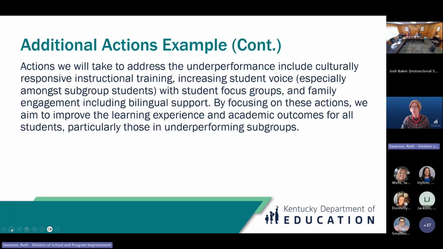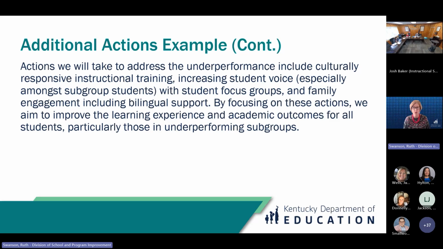Then, most importantly, they addressed the additional actions that they're going to take. They're going to have some instructional training for culturally responsive instruction. They're going to increase student voice, especially among those students in the targeted subgroups.